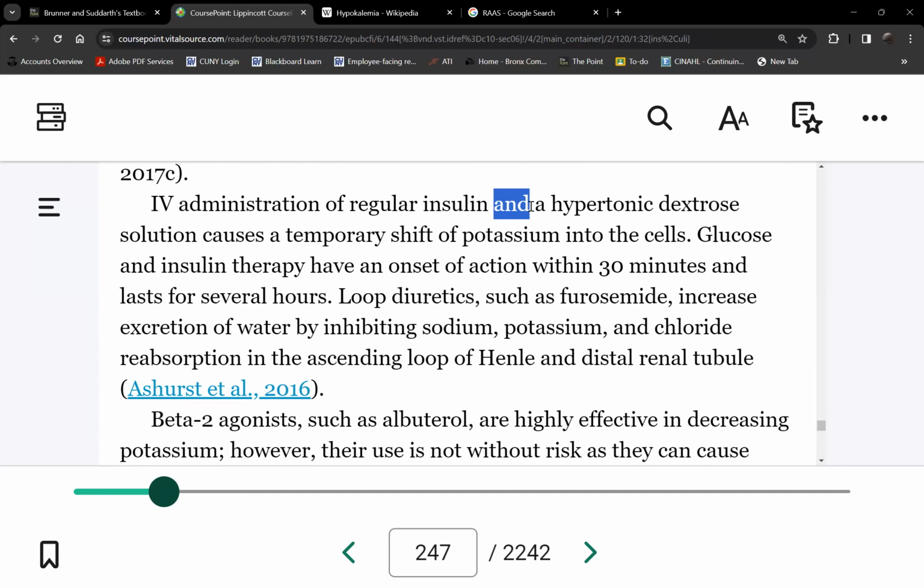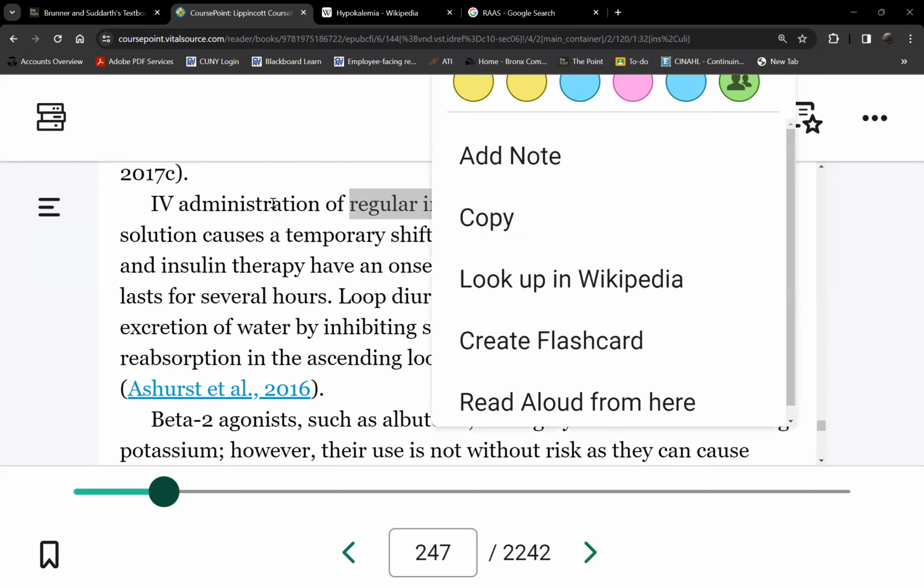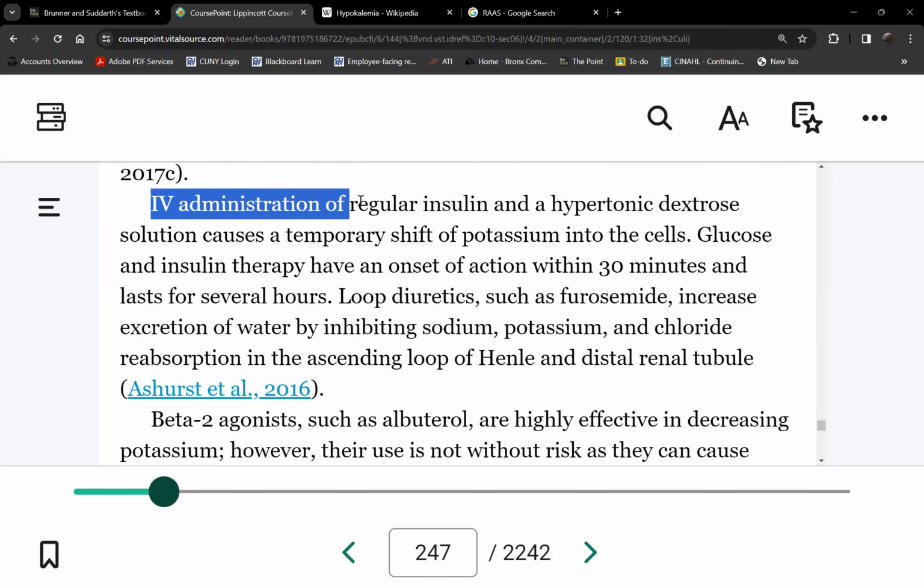You have to give both, because what will happen if you give only regular insulin? With IV administration, this will lower the potassium. However, what will also drop? Sugar will also drop. So you're saving the patient from hyperkalemia, but you'll kill them with hypoglycemia.